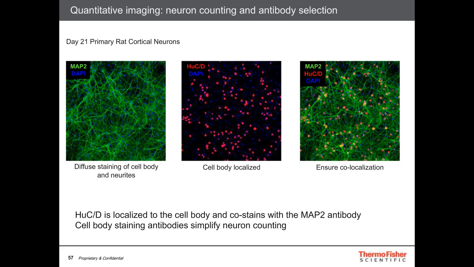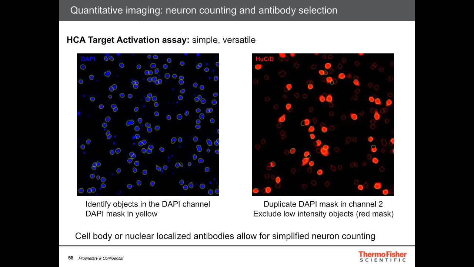You can see that the MAP2 has a diffuse staining pattern. It stains both the neurites and the cell bodies, while the UCD antibody is localized to the cell bodies only. And in the third image, you can see that both of these antibodies are staining the same cells. They're both neuron specific, so it's important to make sure that your antibody has the correct specificity.